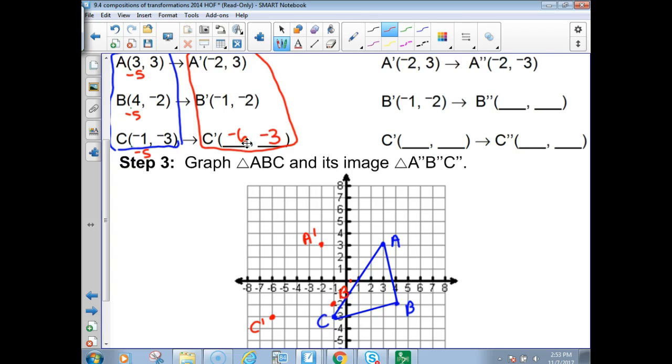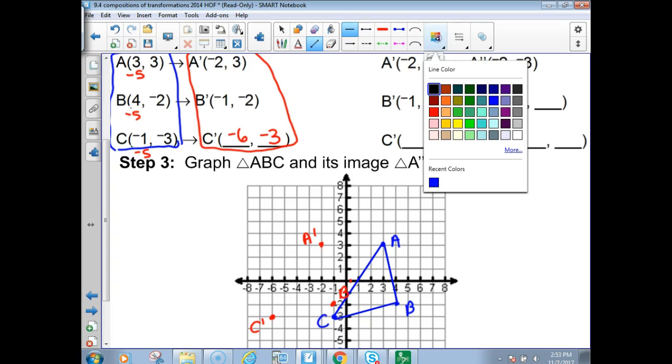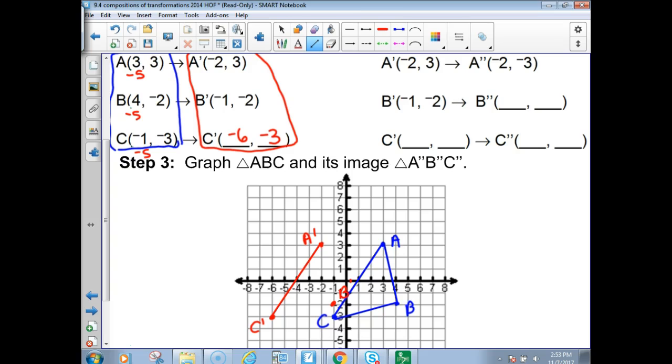C prime is at -6, -3. That's left 6, down 3. Okay, I'm going to draw the figure. So now we see the translation, which is a slide.